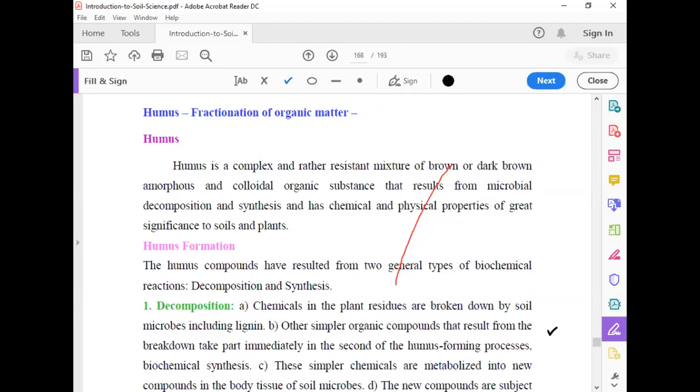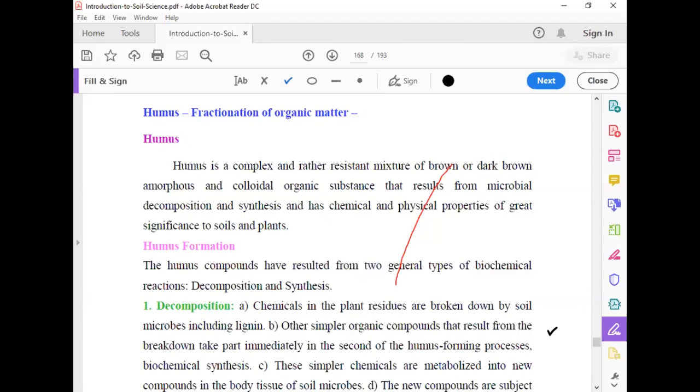Humus can be defined as a complex and rather resistant mixture of brown or dark brown, amorphous and colloidal organic substances that results from decomposition and synthesis and has chemical and physical properties of great significance to soil.